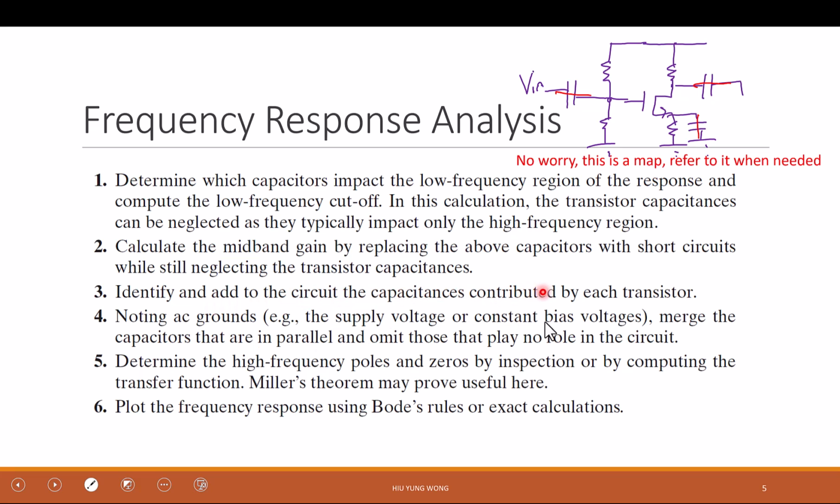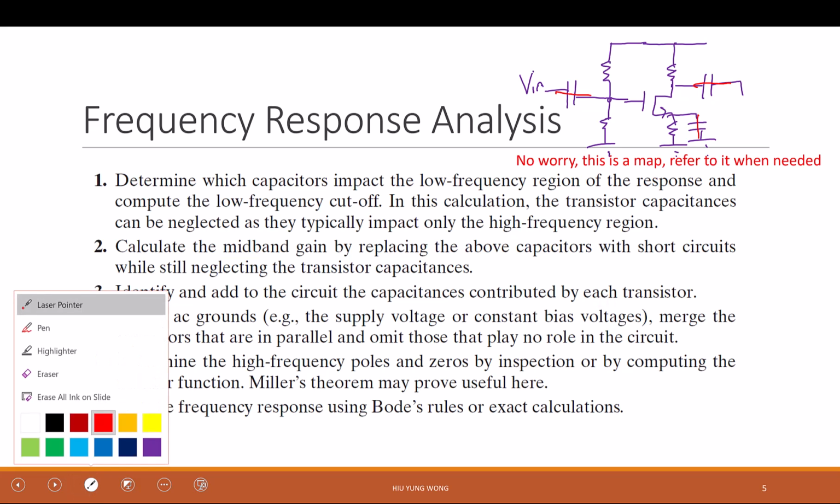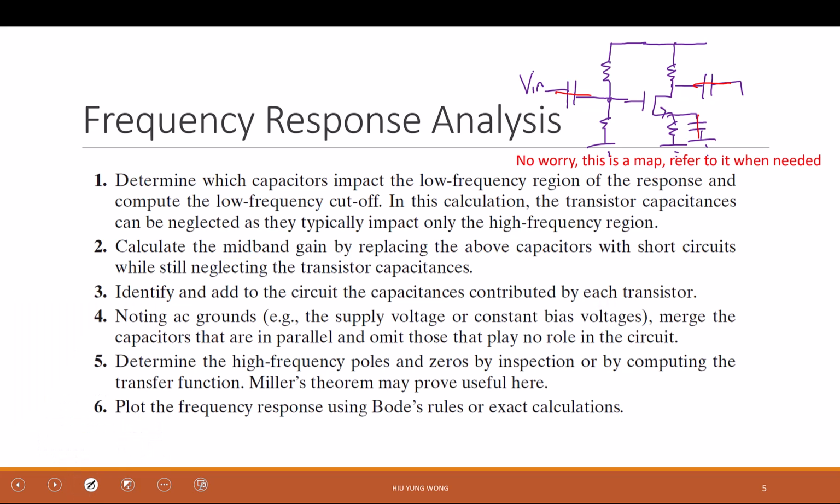So that's fine. And then eventually, what do we do? You keep going to higher frequency, and at that time you can not only ignore this large capacitor, you also need to start adding the parasitic capacitors to it. This is CGS, CGD, CDB, and CSB.